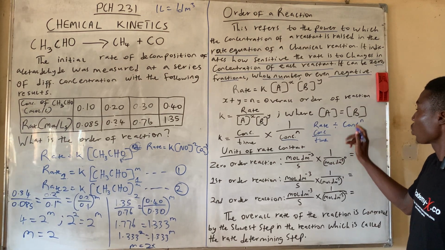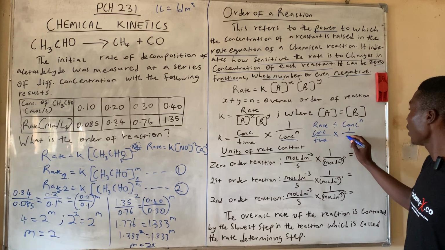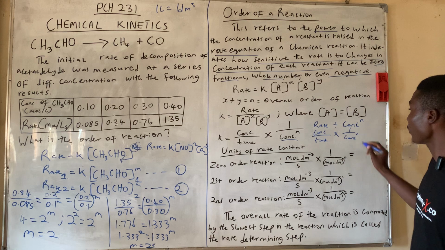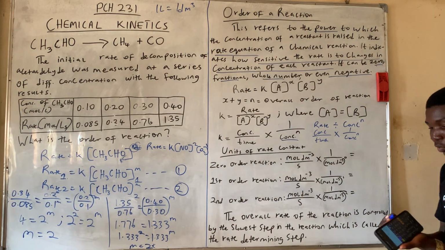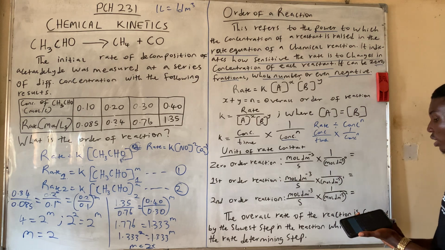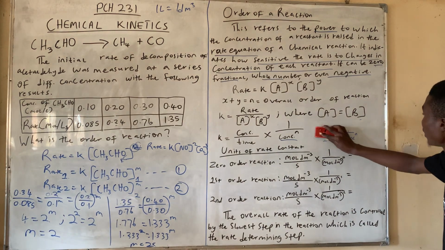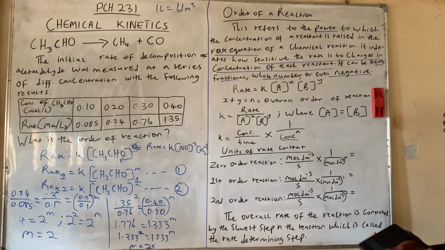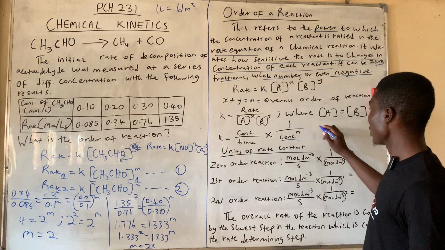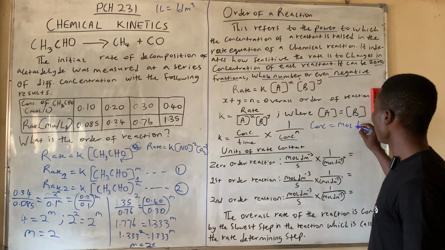And when you have divide, to convert it to multiplication, you take the reciprocal of this, that's now 1 over concentration raised to the power of n. So that's basically how we arrived at concentration over time times 1 over concentration raised to the power of n. And why is this important to us? Because the next thing we want to talk about is the units of the rate constant. For us to get that, let us assume that we are working with concentration, the unit of concentration being mole per dm cube.